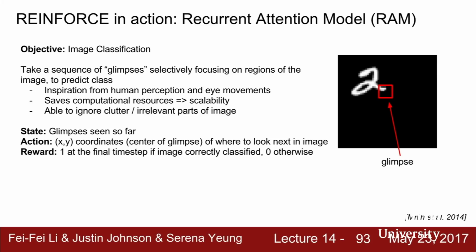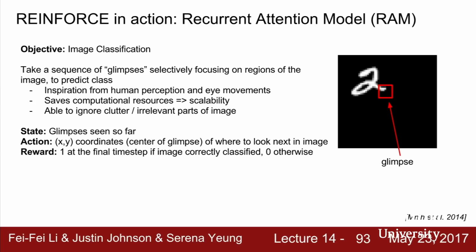This approach of looking around at local regions also helps you save computational resources. You don't need to process the full image. In practice, you look at a low resolution image of the full image first to decide how to get started, and then you look at high res portions of the image after that.